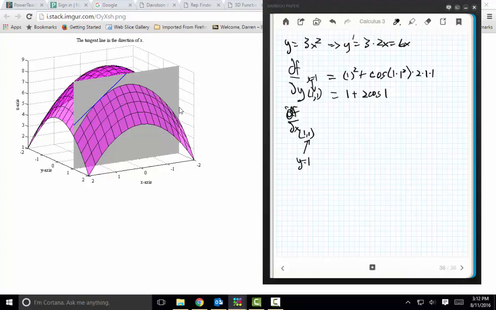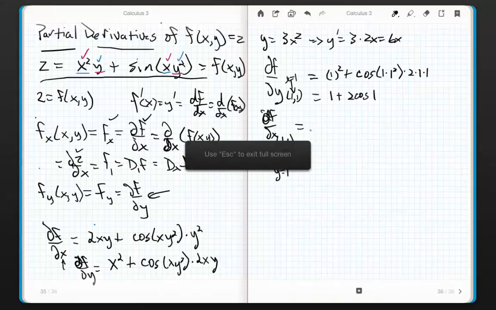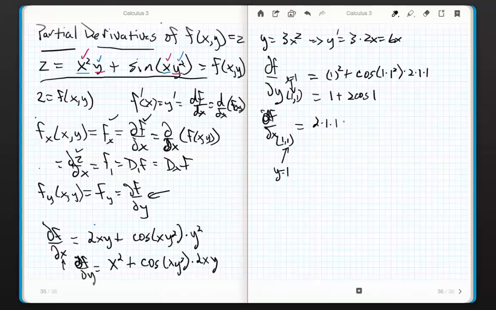You fix y equals 1, you chop the plane, and then you evaluate x at that point. So this is just going to be, let's see, 2 times 1 times 1 plus cosine of 1 times 1 times 1. Whoops, let's put a 1 squared there. And I end up with 2 plus cos 1, which is a little strange how they flip like that.